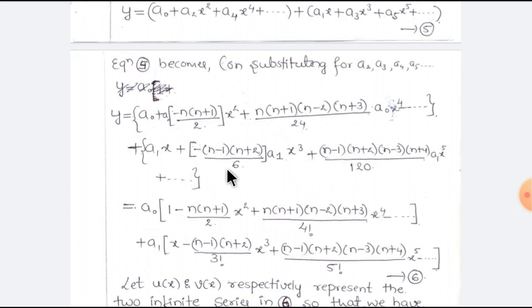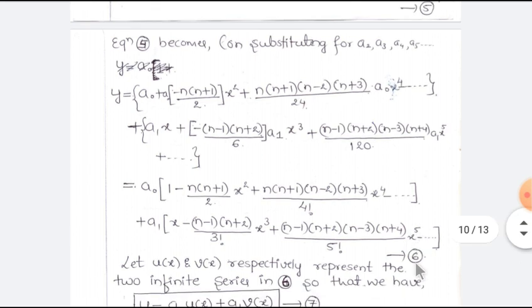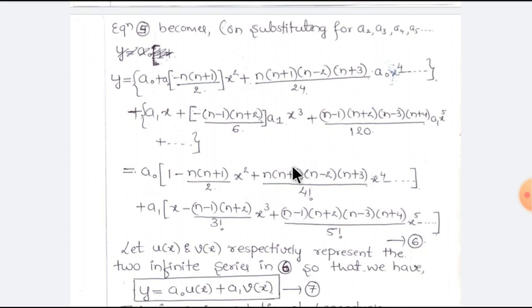In the second part a1 is common because a1 is a multiple of the odd terms, so a1 is taken out. The remaining is x minus n minus 1 into n plus 2 divided by 3 factorial, because 6 is 3 factorial, into x cube plus n minus 1 into n plus 2, n minus 3 into n plus 4 divided by 120, which is 5 factorial, into x to the power 5 and so on. Call it equation 6.